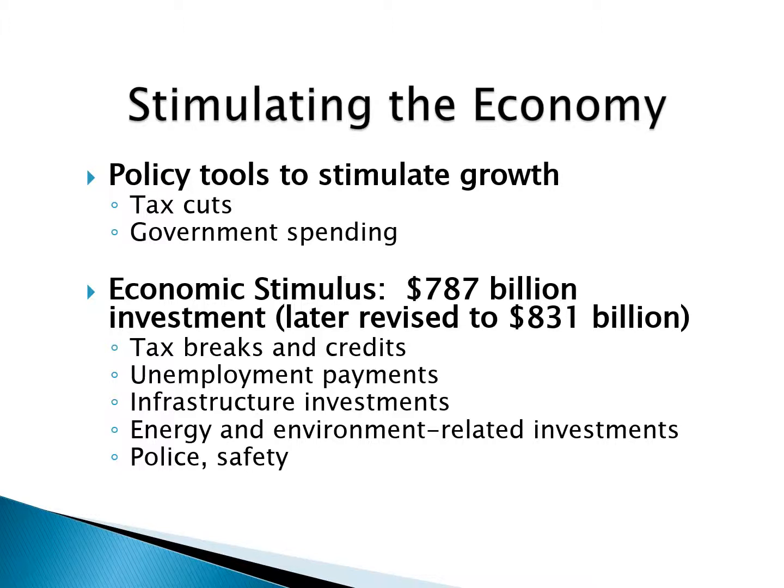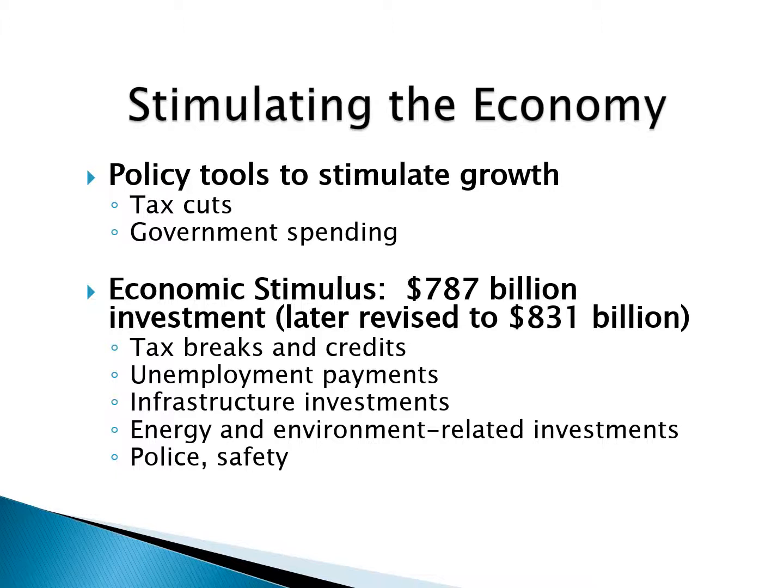During the recent economic recession, policymakers actually chose to do both of these policy tools. This is when you heard about the economic stimulus plan, where the government spent $787 billion in investments. This policy was a combination of things like tax breaks and credits for individuals, i.e. the tax cuts, as well as increased government spending on things like unemployment, infrastructure, and safety.